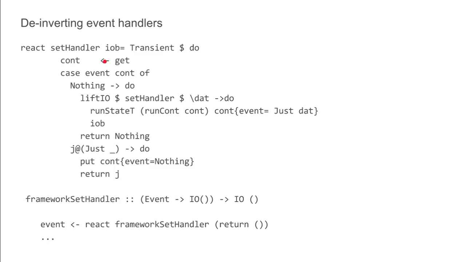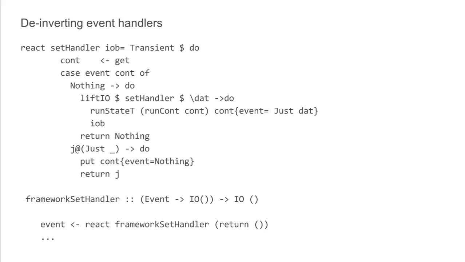How can we get rid of that inversion of control, this virtual state machine that the frameworks impose on us? Well, we can de-invert the event handlers. We can include the event setters in our recipe without breaking composability.